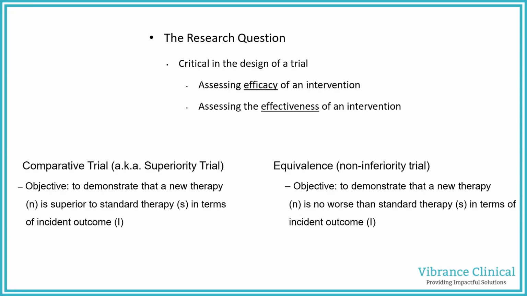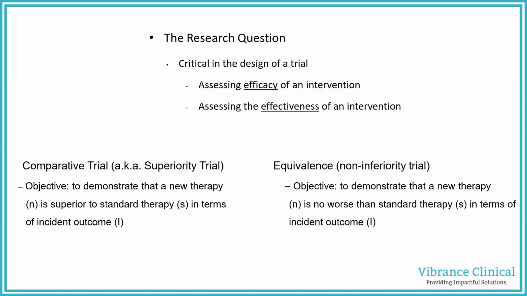In an equivalence and non-inferiority trial, especially when we do large scale trials, I am only trying to prove that my product is as good. So it's another product for the same indication that I'm coming with, but it is as good as and not worse than the standard of care.